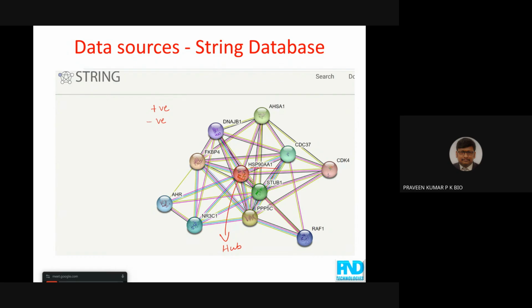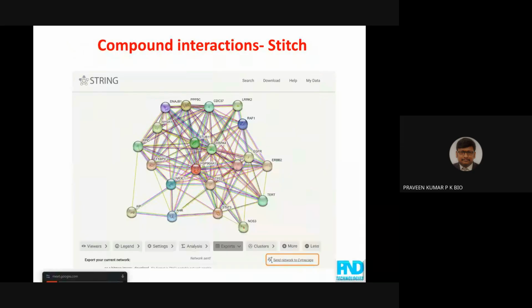So this kind of interaction we can also see in the STRING database. Here you can see these 10 proteins, both positive and negative regulation information, and similarly we can increase the number of interactions.